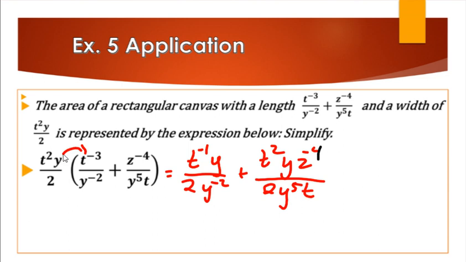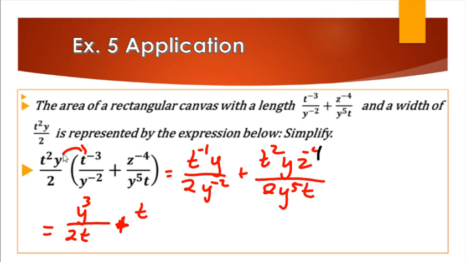We can simplify here. T has to go in the denominator. Y minus a negative 2 is y cubed, so y cubed is in the numerator, plus the t's, one t can cancel out, so I'm just left with t in the numerator.